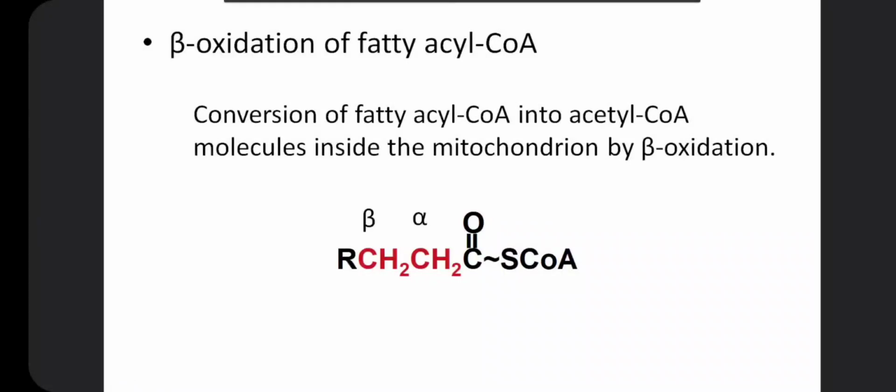In beta oxidation, 2 carbons are cleaved from the acyl coenzyme A molecule at one time. The chain is broken between the alpha and beta carbon atoms, so we name it beta oxidation.